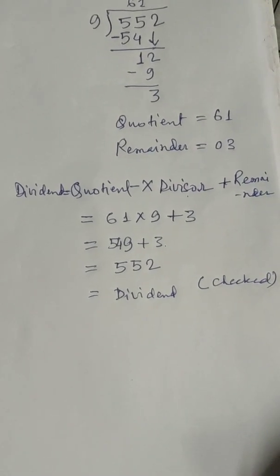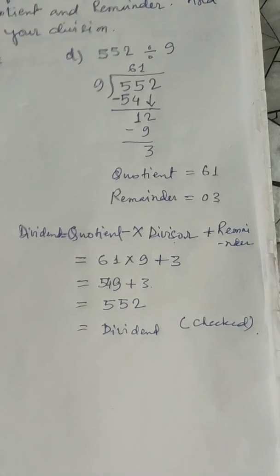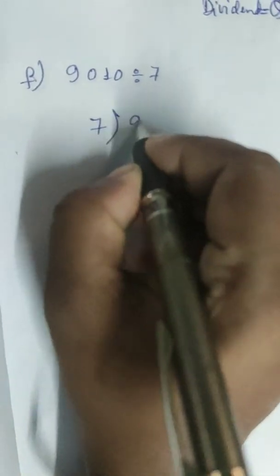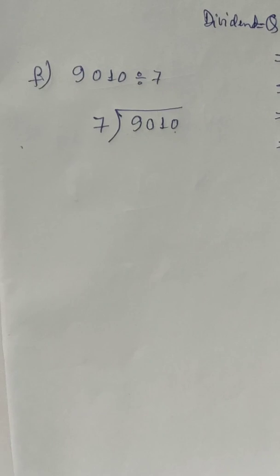Okay everyone, we will move on to the next question. We will divide 9010 by 7. So we will write 9010 divided by 7, where 9010 is the dividend and 7 is the divisor.